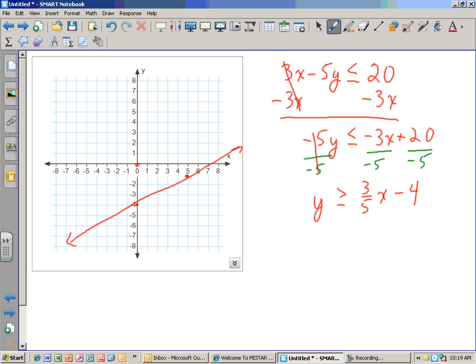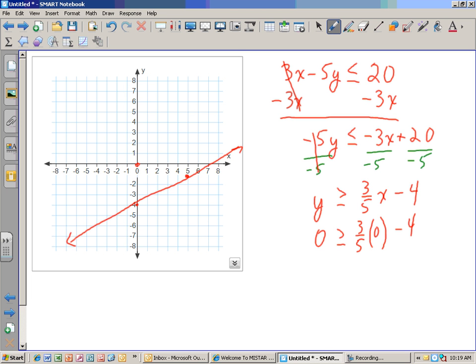In fact, on your homework tonight, some of the problems are going to say, does this point work? Is it part of the solution? And you just plug points in. And then you'll have a few where you have to graph. So let's plug in 0 for x and 0 for y, and we're going to see if it's true.